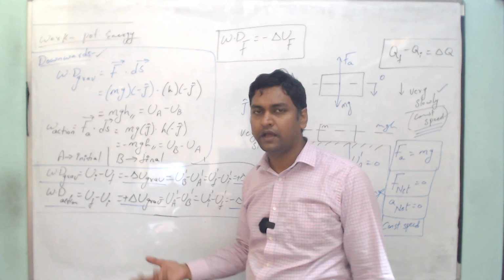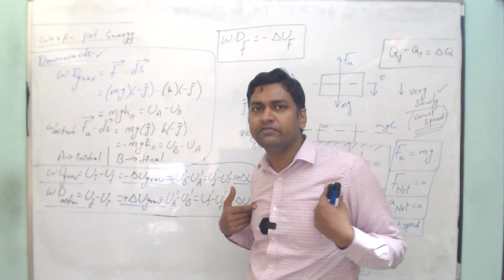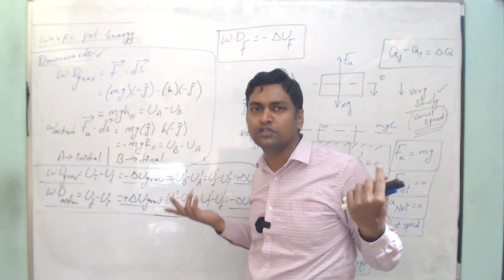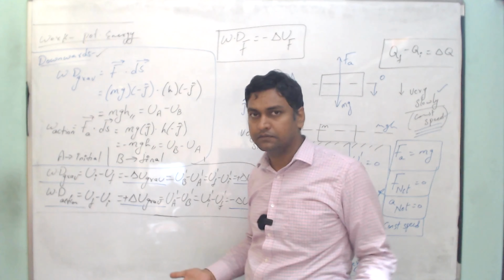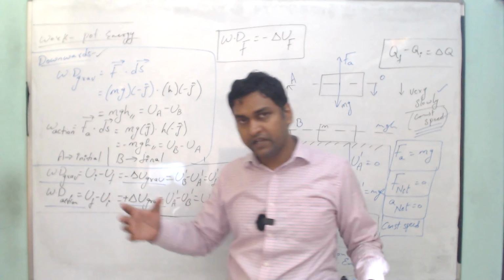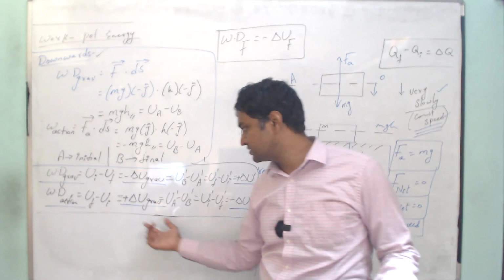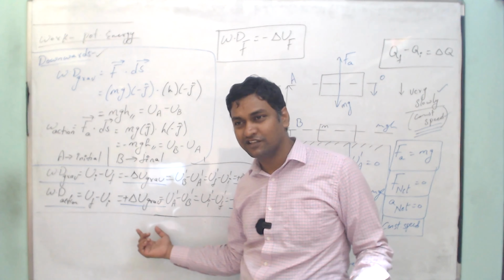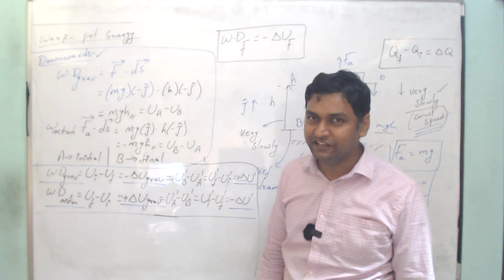I am eating one dosa. The change in energy that I have gained is positive one dosa, because I have eaten it. Work done by action force is going to increase the gravitational potential. Is this clear?